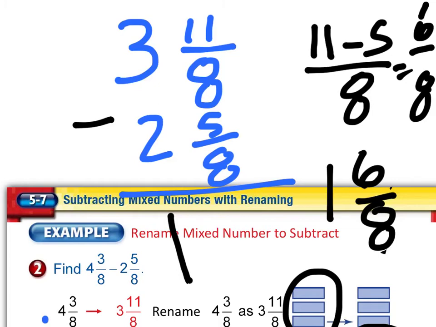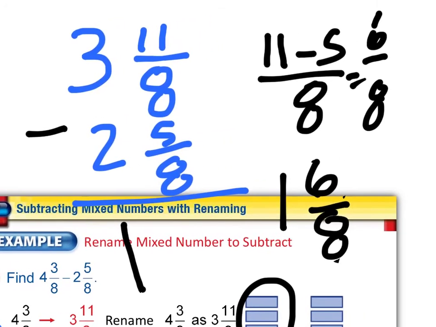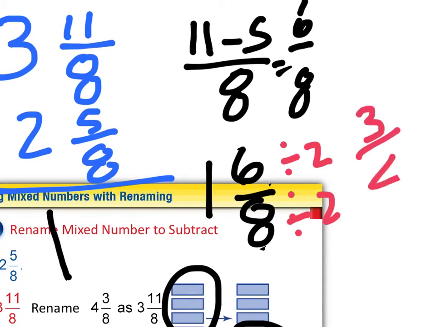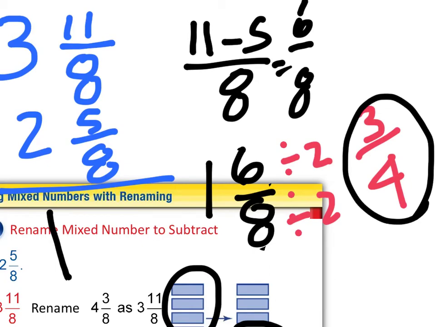So I'm going to take 1 and 6/8 and simplify. I'm going to divide the top by 2 and the bottom by 2, and that gives me 3/4. That's a consecutive fraction. We count in the order 3/4, so I know I'm in simplest terms. So my answer is 1 and 3/4.